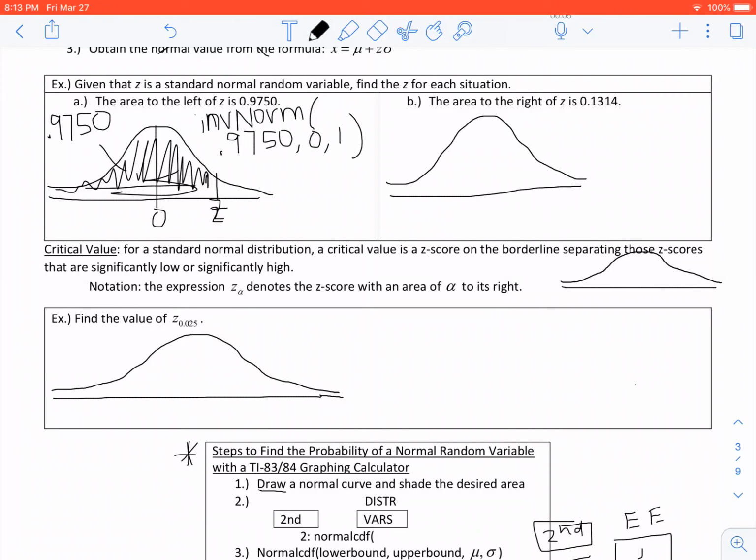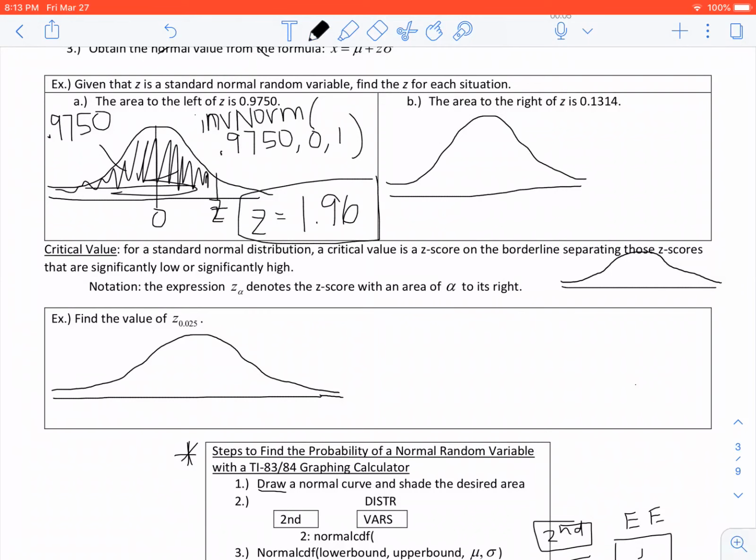When you do this, we're going to round our z values to 2 decimal places, and we get z is equal to 1.96. And with our z value, I want you to notice that it is to the right of 0, which means we should have a positive z-score, and it is.